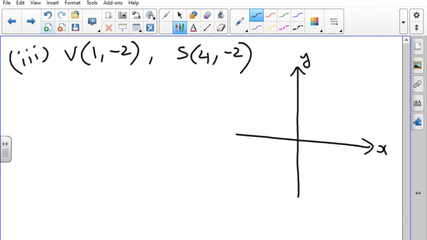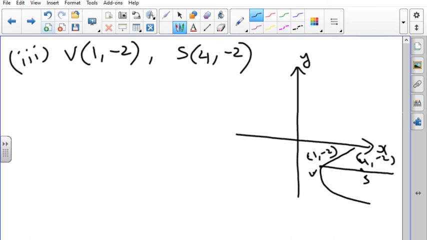This is the vertex, 1 comma minus 2, and the focus is 4 comma minus 2 somewhere here. This is the axis and the focus should be inside. Therefore definitely it will be open rightward.